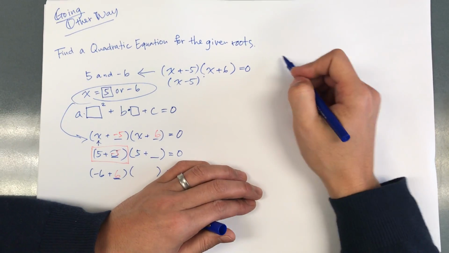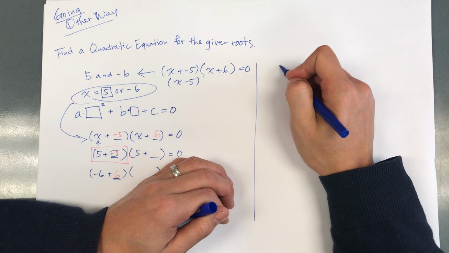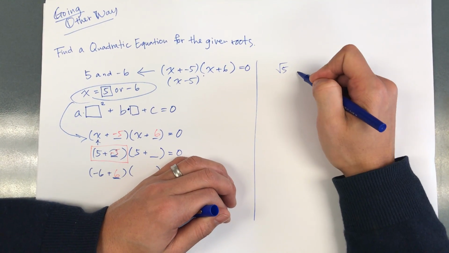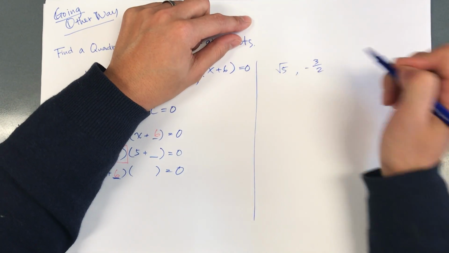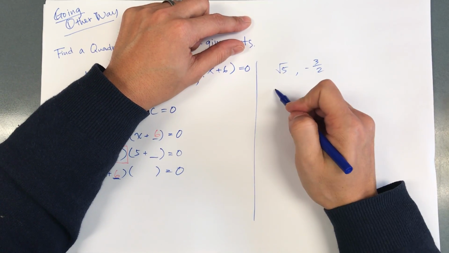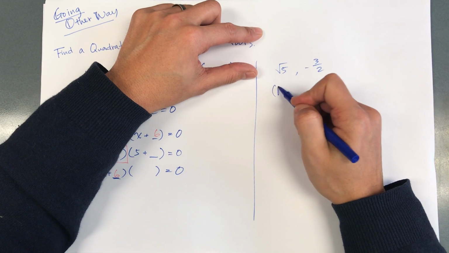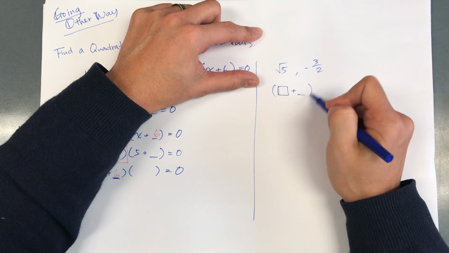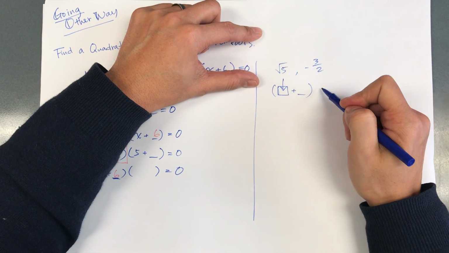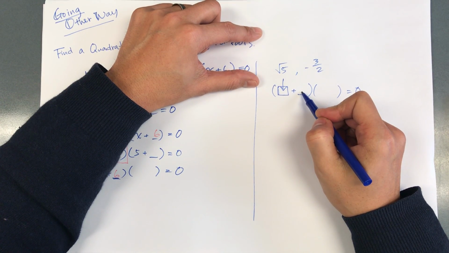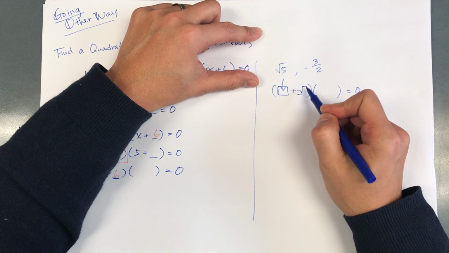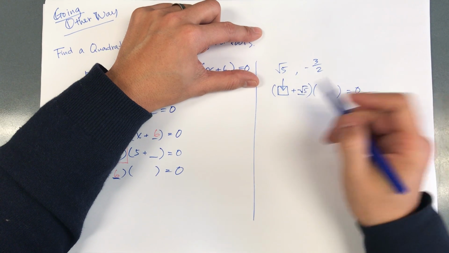What if the roots are square root of 5 and -3/2 or something like this? Again, these are going to fit in here to make it 0. So what can you plug in here? That's the opposite of the root, right?